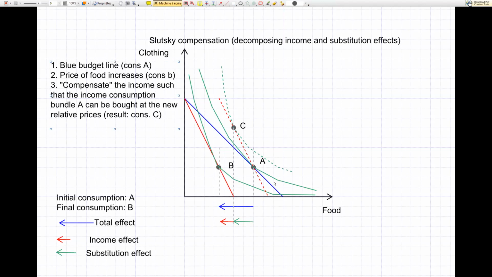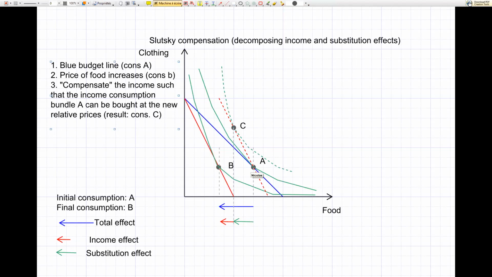So we start with the blue line, then the price of the food increases, and then we give money to the person, but at the new relative prices, such that the person could, in principle, still consume the initial consumption bundle.